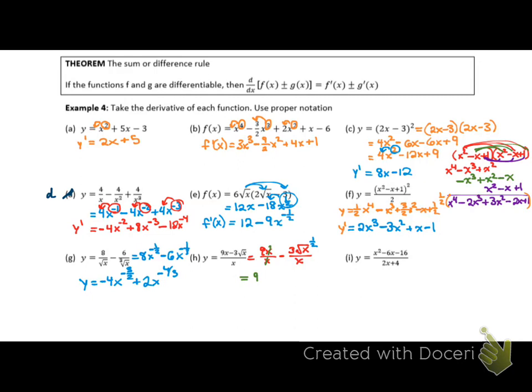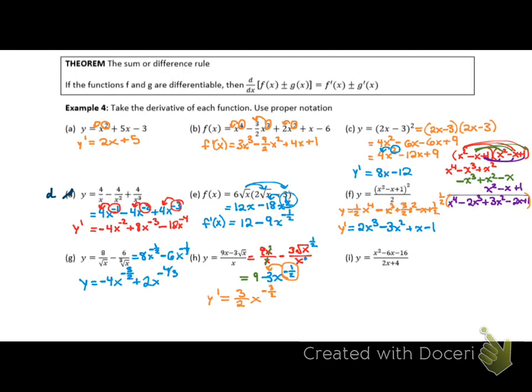So 1/2 minus 1 ends up being x to the negative 1/2. Oh, with that 3. Right, that 3 didn't disappear. So y prime, well, the derivative of 9 is 0. So we really just have to worry about this negative 1/2 multiplying by negative 3 to get 3 halves x, and then negative 1/2 minus 1 is negative 3 halves.